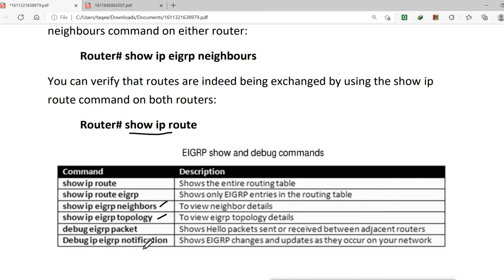Then we can enable the notification of EIGRP exchanges and updates, which will show you the exchanges and updates as they occur on your network, so that you can troubleshoot whether they are sending the hello packet correctly, whether they are creating the neighborship properly, and whether the routing table is exchanging properly. These things happen in the background and we don't see them, but when we use the debug command, it logs those messages directly on the console, and we can see them.